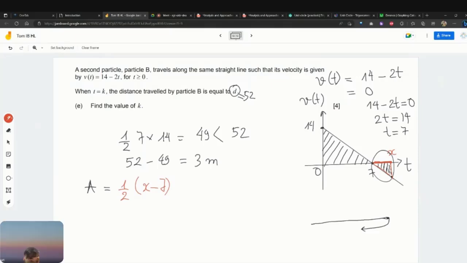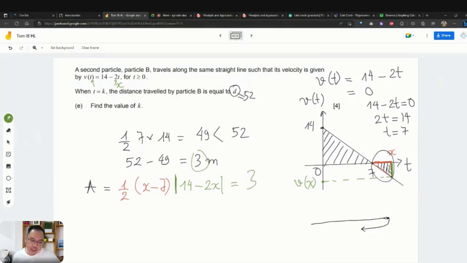The height is the absolute value of the y coordinate. This is the velocity at time x, and it is negative, so I have to take the absolute value of vx. I put x into this formula, so that is 14 minus 2x, and this area equals 3.